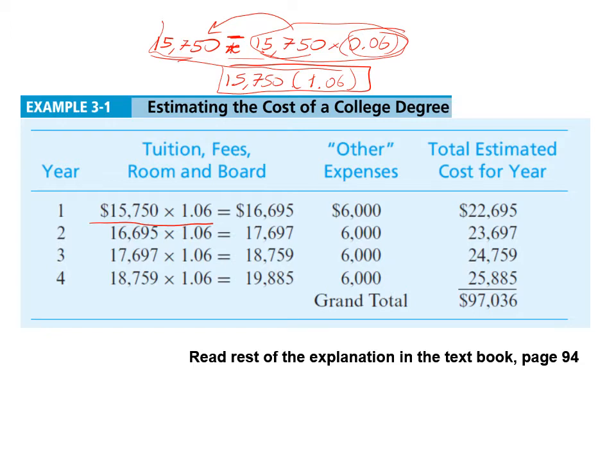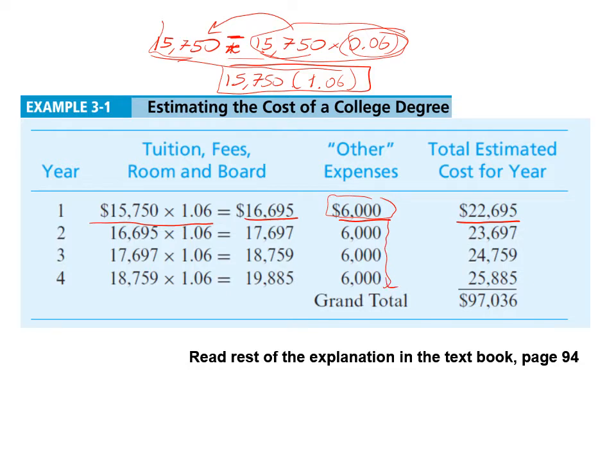Then what happens? The original cost increases to this one in year 1. And we have the estimated other costs, which is 6,000. It means that the total expenses in year 1 are this much. We assume that these other expenses will remain constant throughout the 4 years.